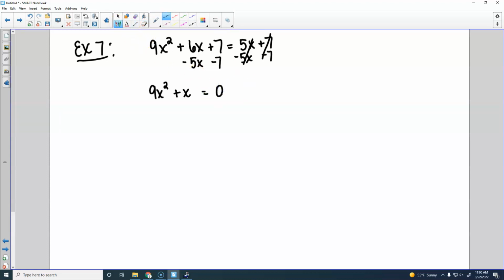Now, what do I do here? How do I factor that? Alright, this one's just the greatest common factor. It's missing that last term. Both of them have x's. So I'm dividing an x and writing it out front. And Passion, what's going to be left on the inside of the parentheses?